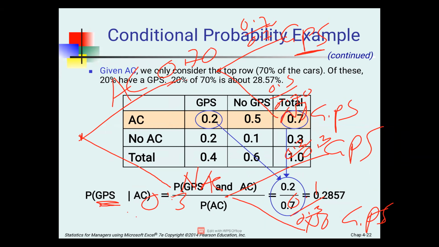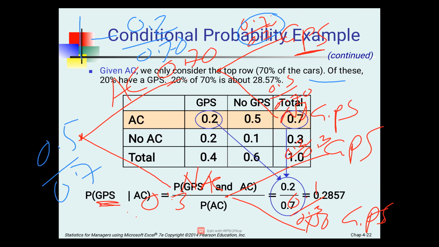We found that it is 0.2 over 0.7. Did you get that? Yes. That's where this number comes from. Then to find this one, you just say 1 minus 0.2 over 0.70. You solve it and you get 0.5 over 0.7.